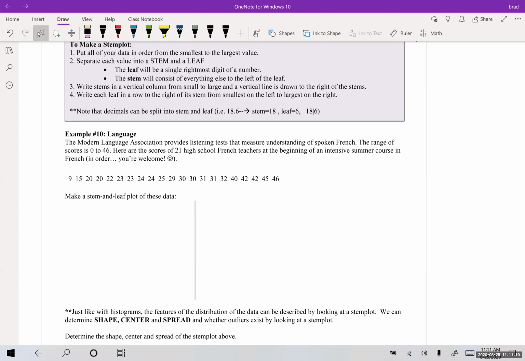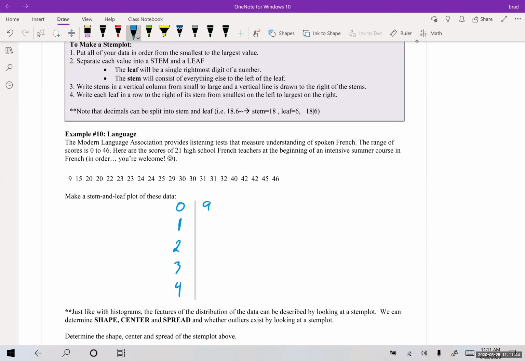They're already in order, so we don't have to rearrange them ourselves. So it looks like we're going to have stems of 0, 1, 2, 3, and 4. And then we're going to put the leaves. So how many of these numbers have a 0 in the tens place?